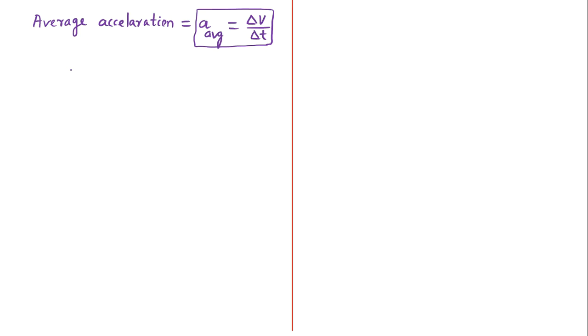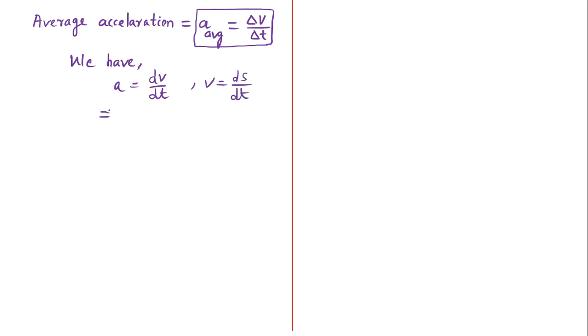Now, acceleration can also be expressed like this. We have A equals dv by dt. What is v? v equals ds by dt.